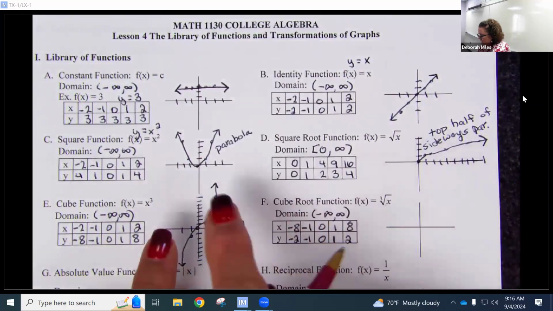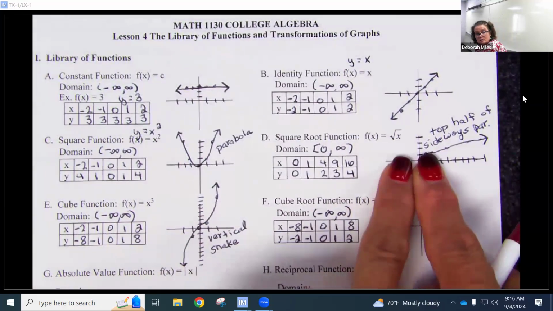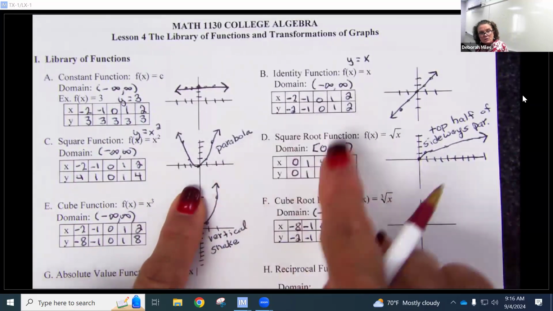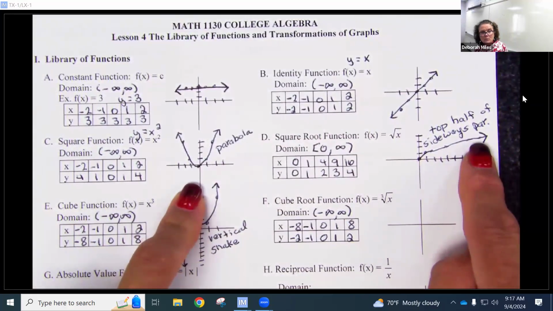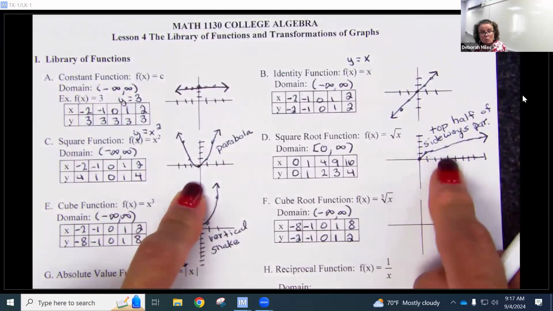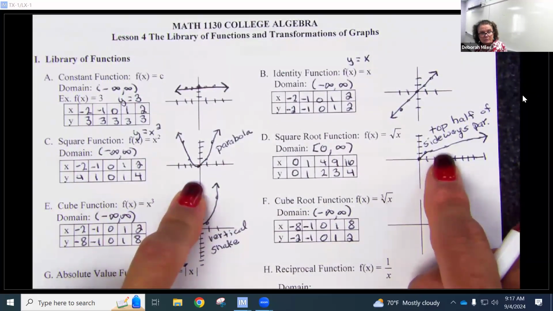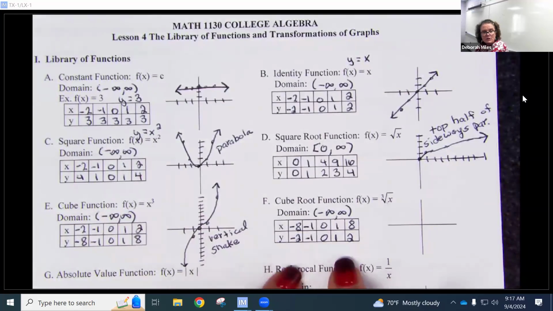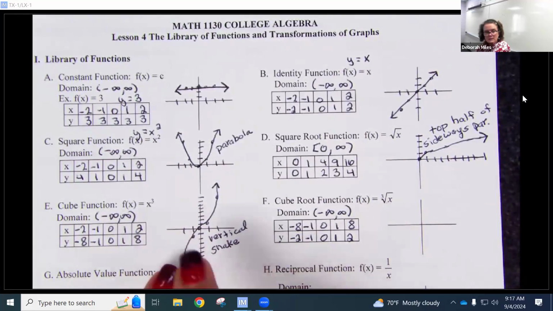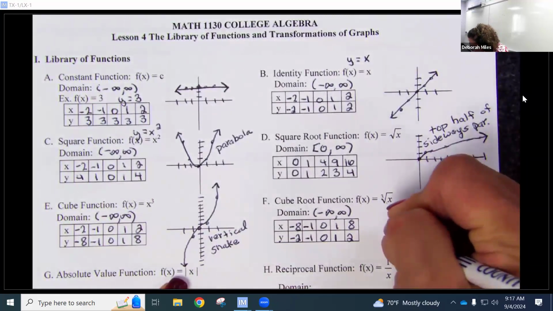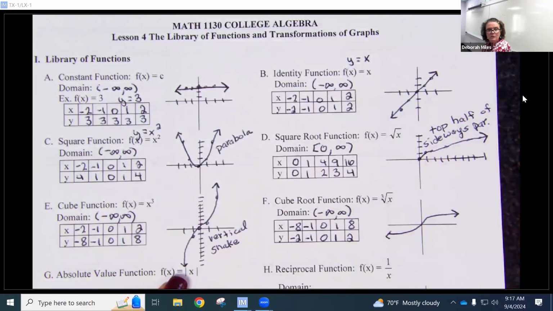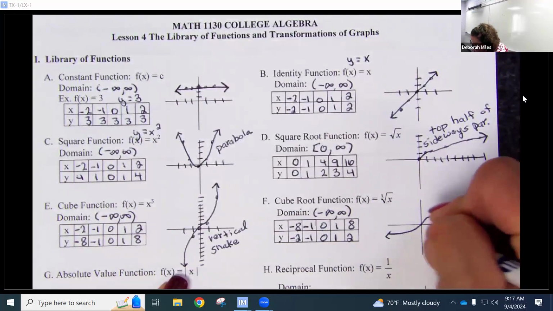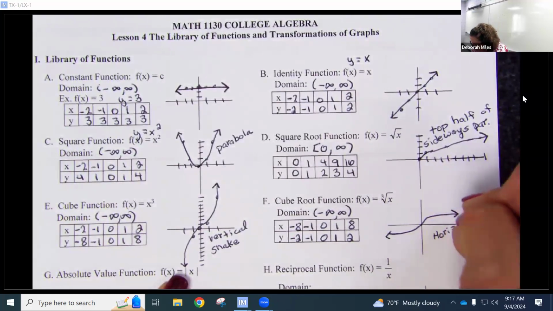And just like the square root function was this function turned sideways, but we can only use half of it so that we would still have a function, the graph of the cube root function is the vertical snake turned sideways. I'm not even going to make tick marks for this. I'm just going to turn that x cubed sideways and call it a horizontal snake.